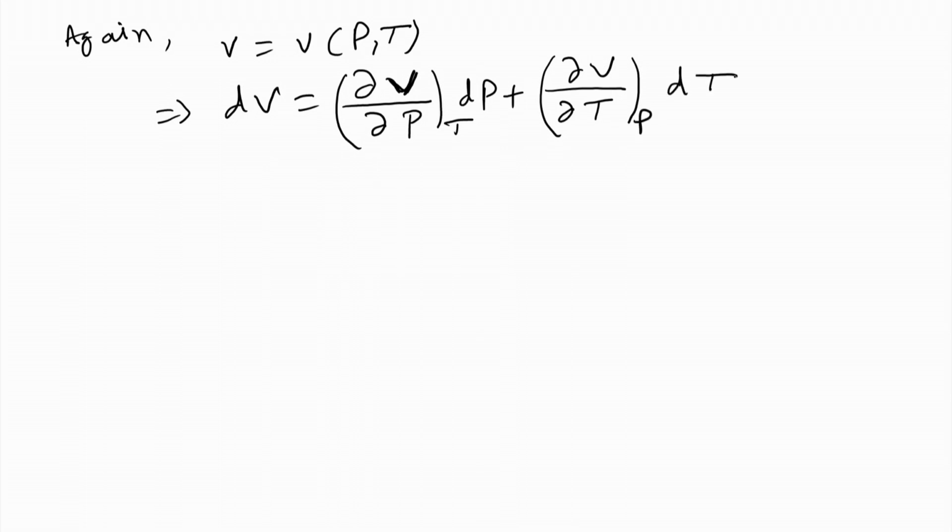So dV we can write del V by del P at constant temperature times dP plus del V by del T at constant pressure dT. So this is our equation 3.